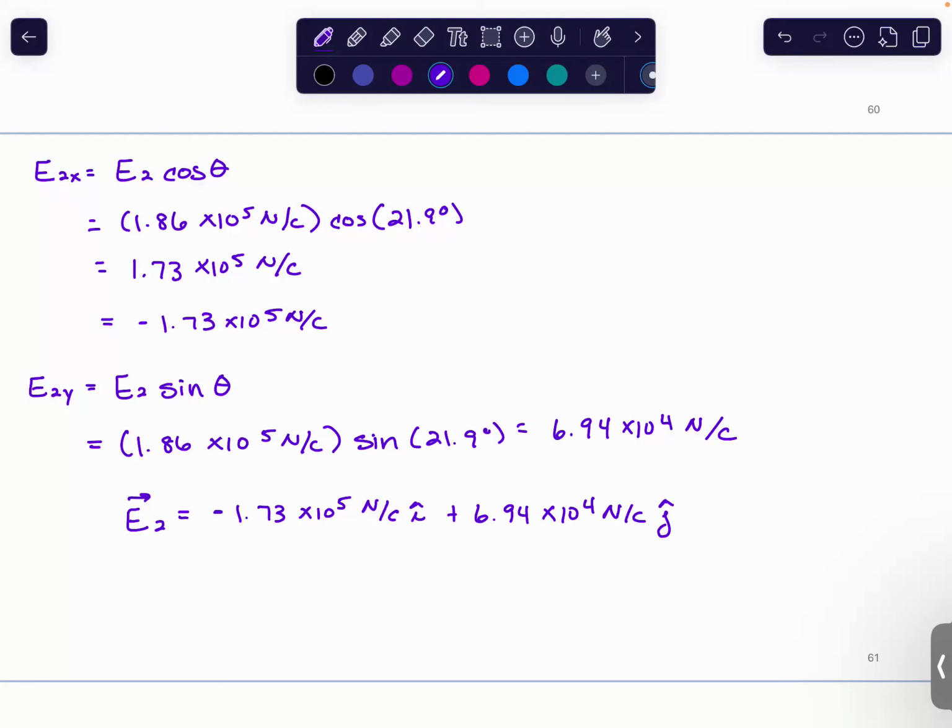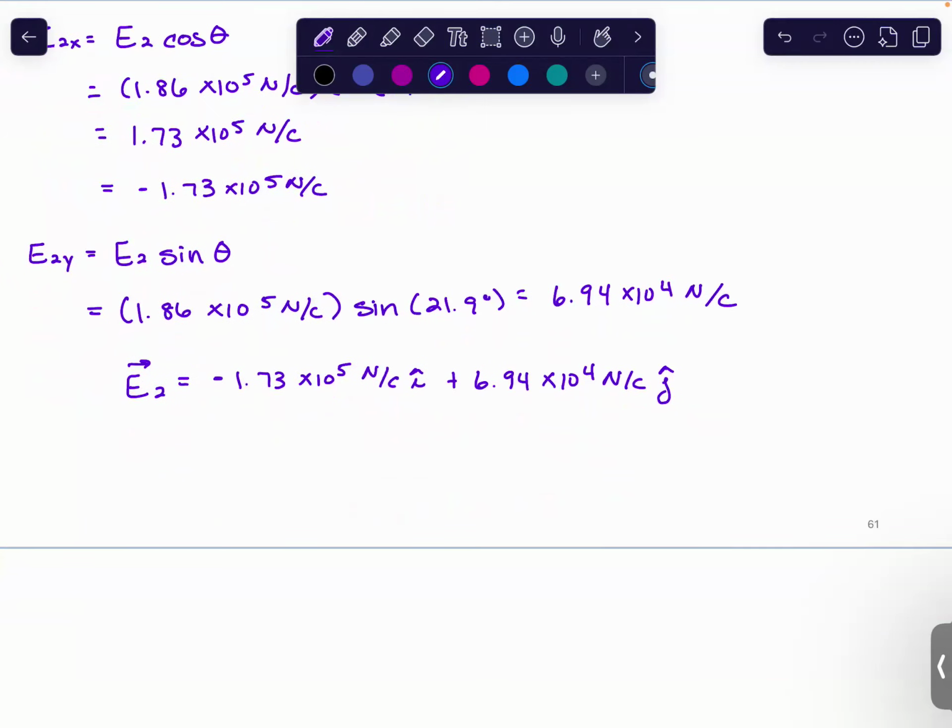So the total field, we're just going to plug in our numbers once we get there.